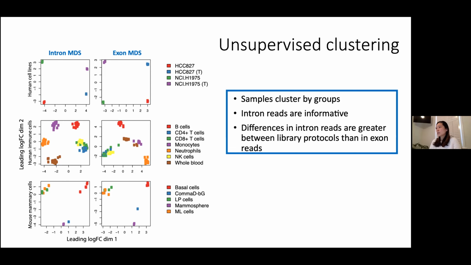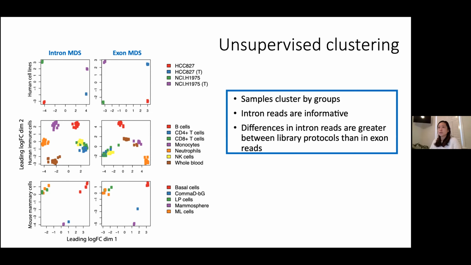And one other thing I wanted to point out is that if we just focus on the top plots, you'll see that differences in intron reads are greater between library protocols than they are for the exon MDS. What I mean by that is along dimension 1, for the intron reads plot, red and blue are separated, and the difference between those is the library protocol.